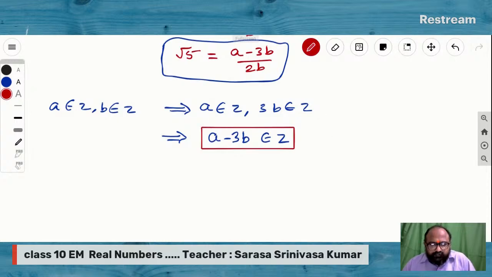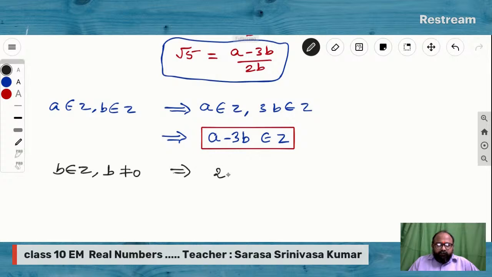Now we prove that the denominator term 2b is an integer and it is not equal to 0. So b is an integer, b is not equal to 0. That implies 2b is an integer and 2b is not equal to 0.